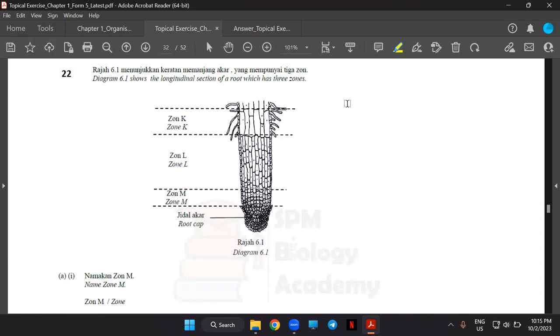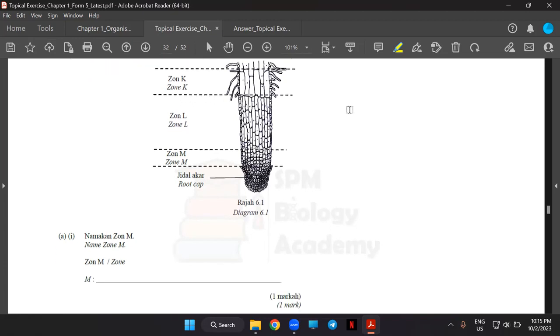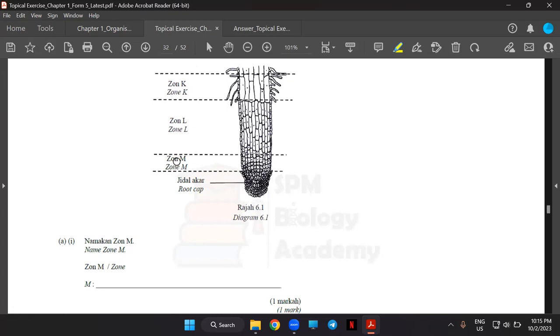Diagram 6.1 shows the longitudinal section of a root which has 3 zones. Okay. Namakan zone M. Zone M, this one. I think you know. Zone M, just after the root cap, jidat akar. Zone of cell division. Zone pembahagian sel. Yes or no? So, you get 1 mark.